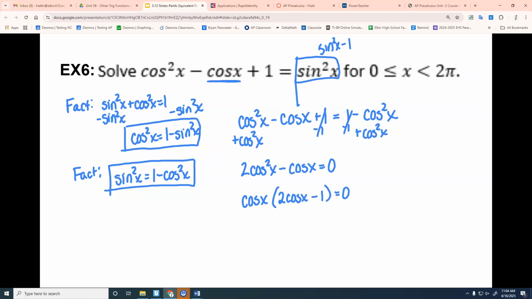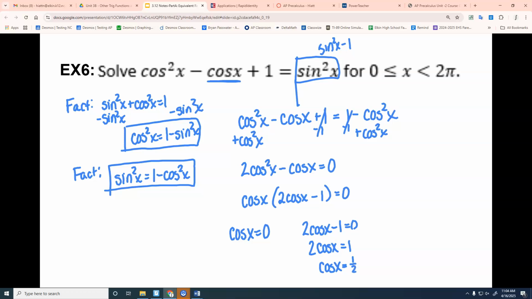Okay, now they're equal to 0, so we can just set each one equal to 0. We got cosine x equals 0, and we got 2 cosine x minus 1 equals 0. Over here, we're going to have to solve that, so we'll get 2 cosine x equals 1, so cosine x equals 1/2.